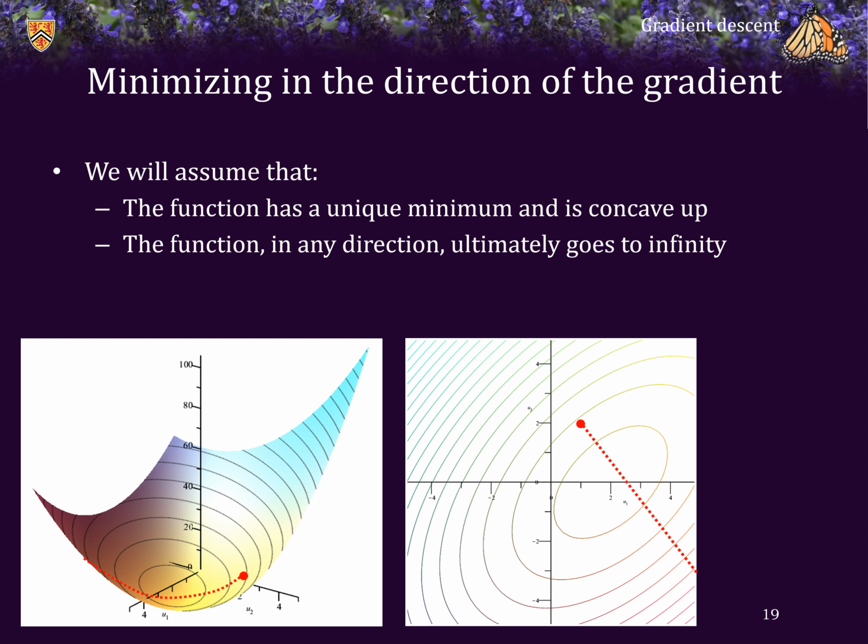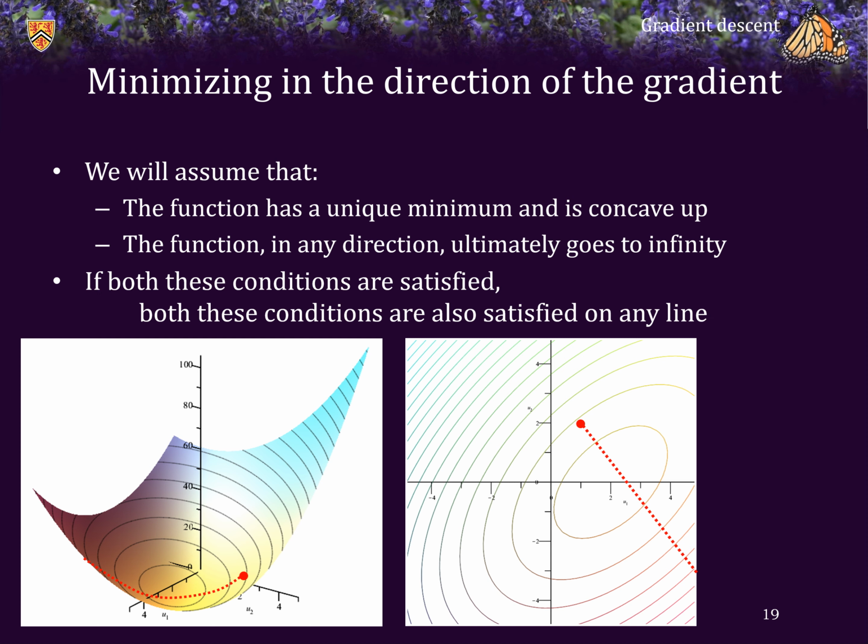Also, we're going to assume that the function in any direction ultimately goes to infinity. Now, what's really nice is if these conditions are true globally, then these conditions are also true on any line that the function is defined on. Specifically, the point we are at minus alpha times the normalized gradient vector.